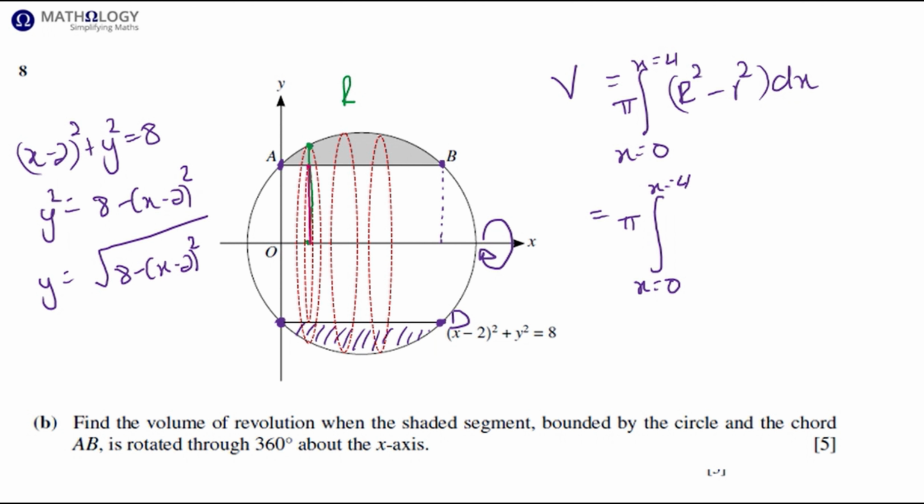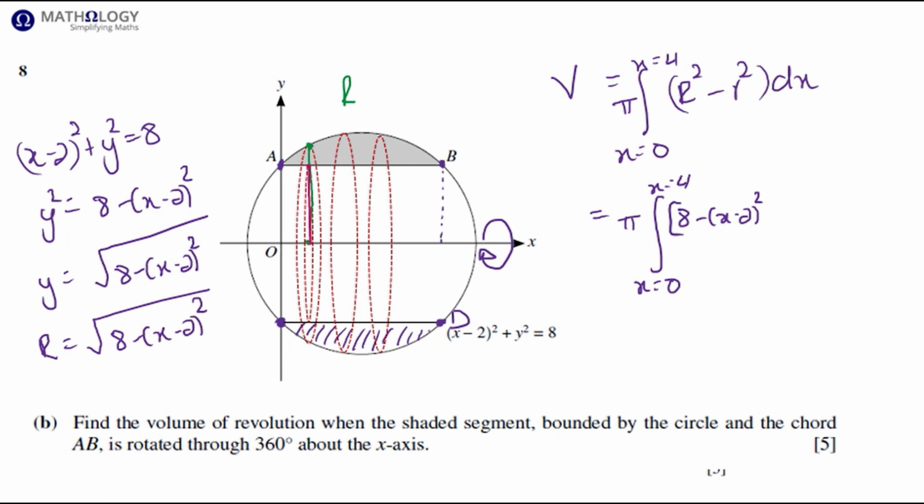And because it's the difference between the y values on the circle to the center of the circle, which is on the x-axis where y equals 0, the outer radius will just be this expression, the square root of 8 minus x minus 2 all squared. And we're going to square that, so it'll be r squared, so we're just going to lose that square root bracket, so it'll be 8 minus x minus 2 all squared.